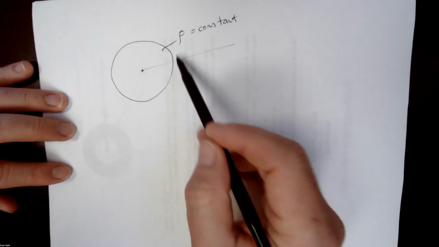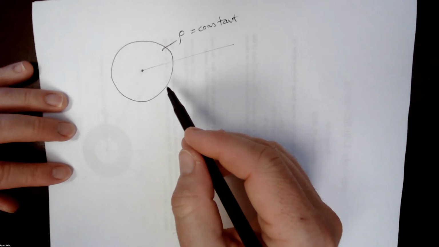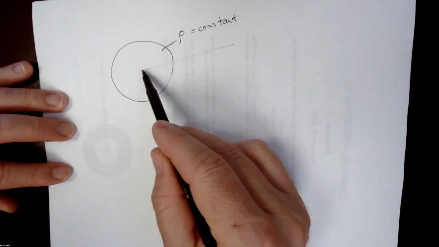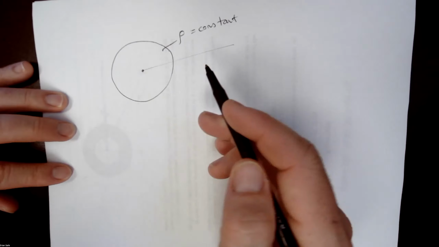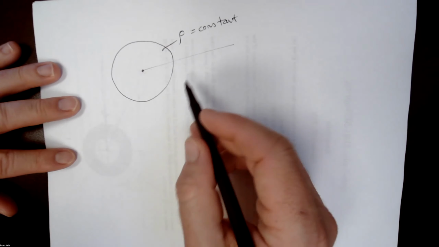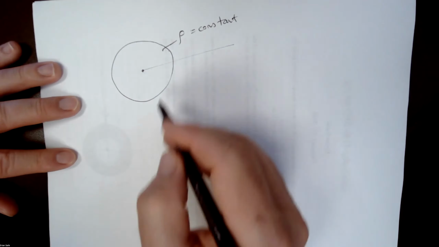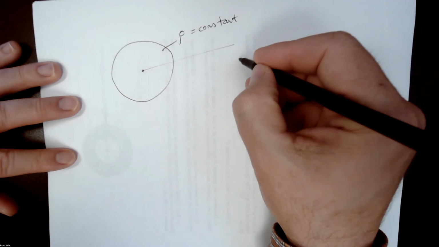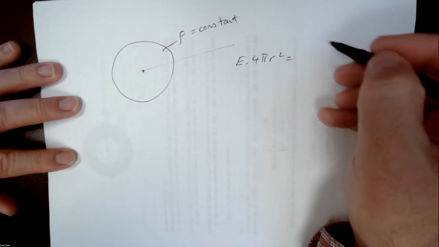So I have constant charge density rho. It's a spherical charge distribution, and I want to calculate the electric field outside and inside. Okay, so if I do it outside, I take a Gaussian surface concentric with it, and a typical equation goes like this: E 4 pi r squared, charge enclosed.